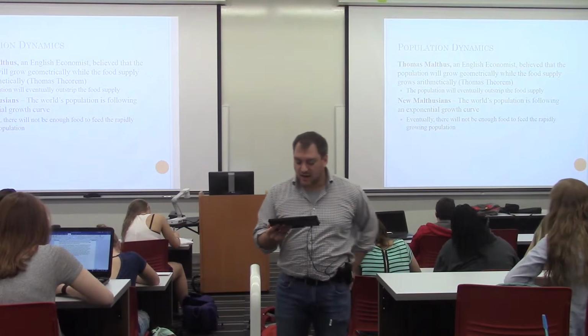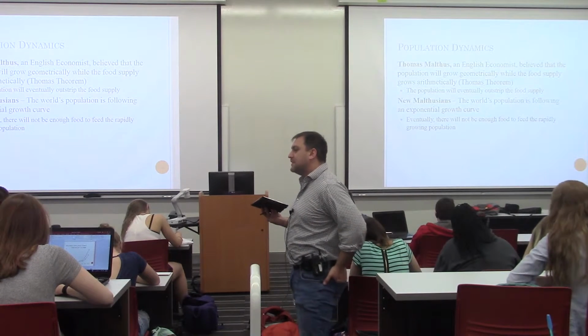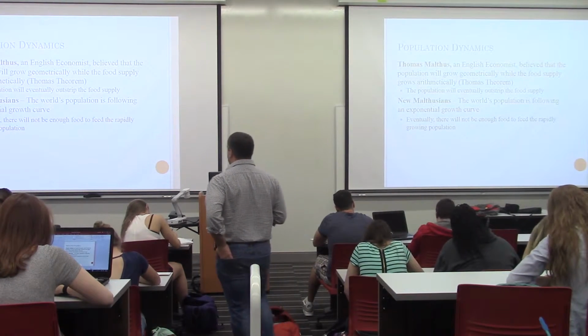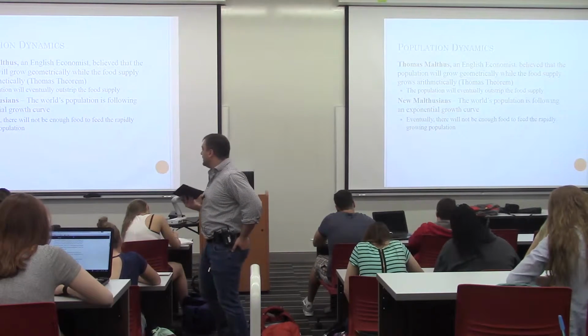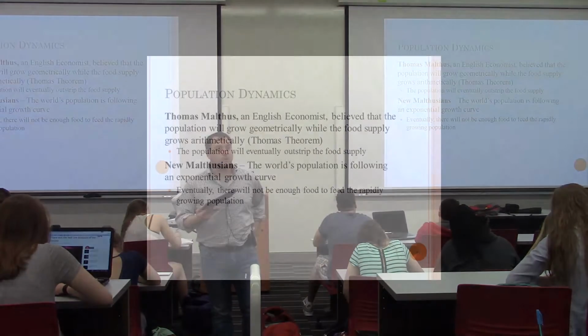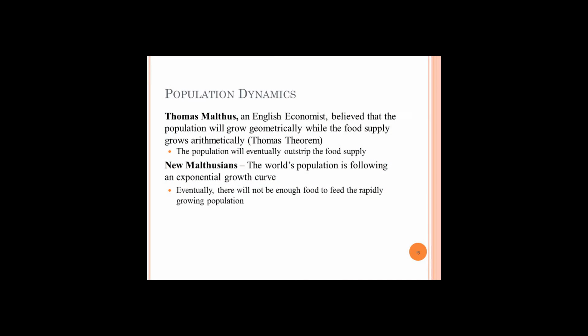He was an English economist who looked at this growth rate around the turn of the 20th century and worried that the population was going to outstrip the world's food supply. That our growth rate would be such that there would not be enough food to go around. And if there's not enough food, there's famine, there's disease, there's war, and it's not a pretty place.